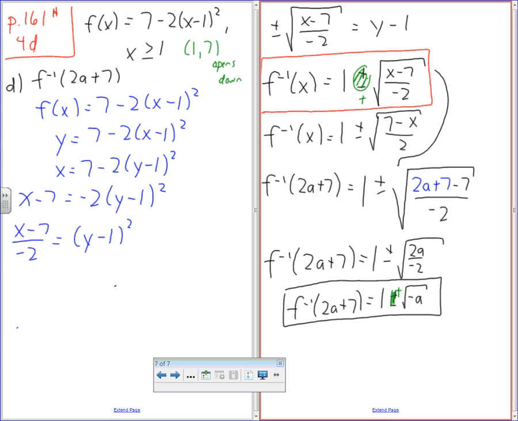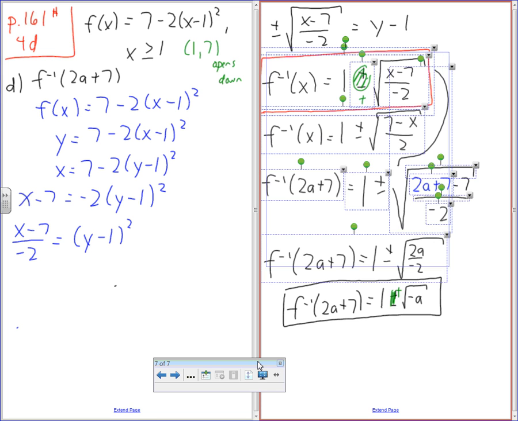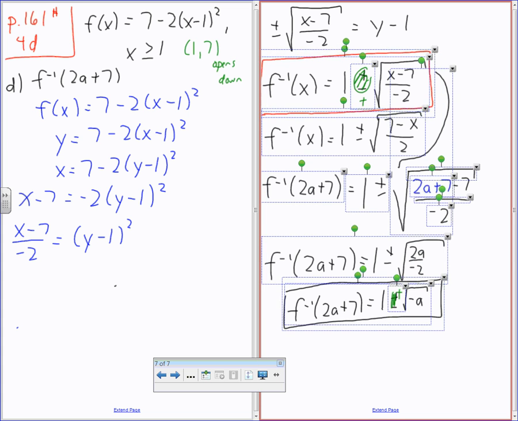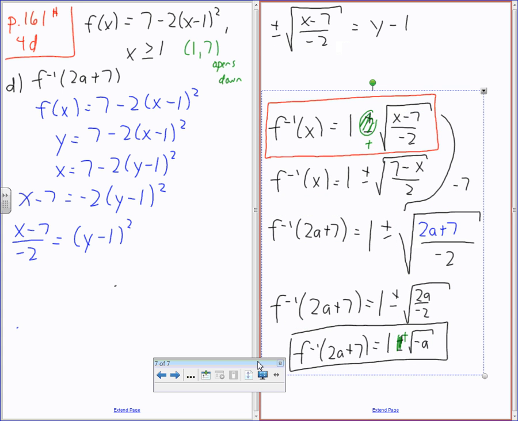Oh, because it's like 2 divided by -2 is -1, right? Okay, so sorry, good question. In the square root where it says 2a plus 7, it's supposed to be plus 7 with the end.